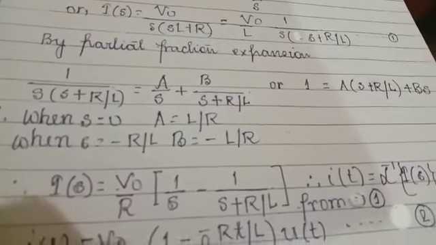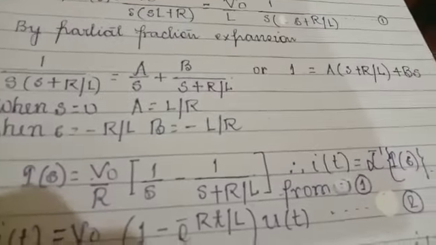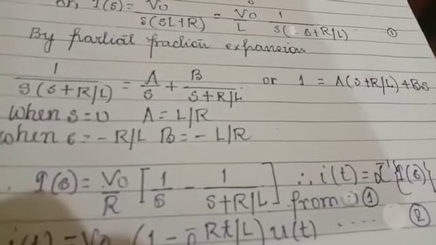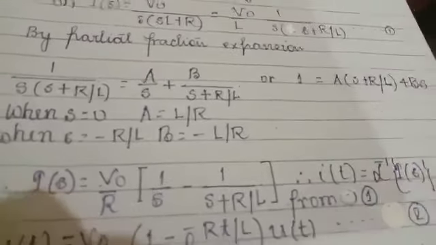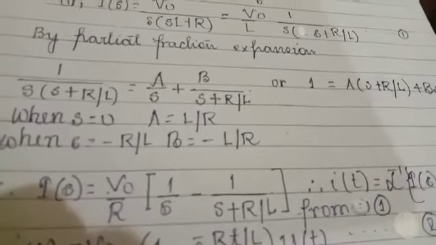So Is becomes this. Now the question is why we have done so. We are doing so because my problem is to find the solution for it, not for Is.